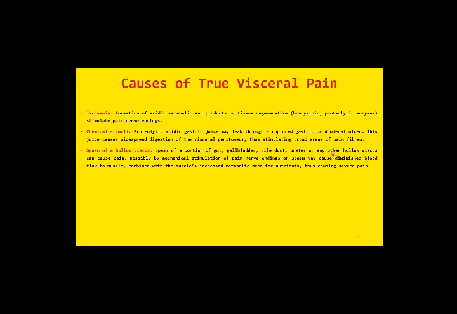Similarly, sometimes spasm of a hollow viscus may cause severe pain. Now this hollow viscus can be intestine, it can be gallbladder, it can be bile duct or ureter, or sometimes even blood vessel may be regarded as a hollow viscus. So contracture or spasm of any of these organs may stimulate the pain nerve endings.